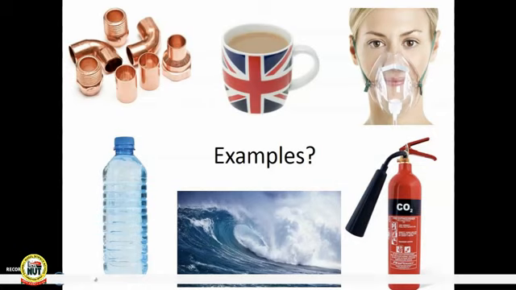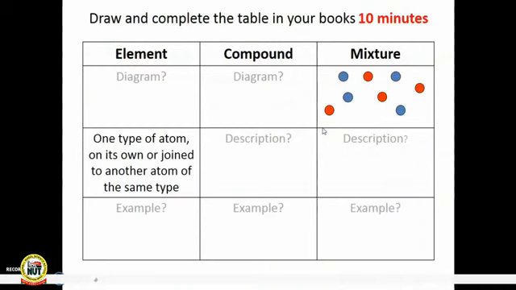You have the fire extinguisher. All you need to tell us is whether each is a compound, mixture, or element. The tea is a mixture, compound, or element. The ventilator, you just try to help us out with it. Okay? Draw and complete this table in your book in 10 minutes.